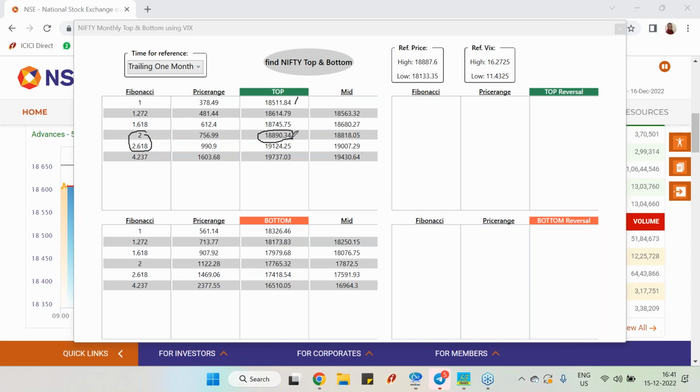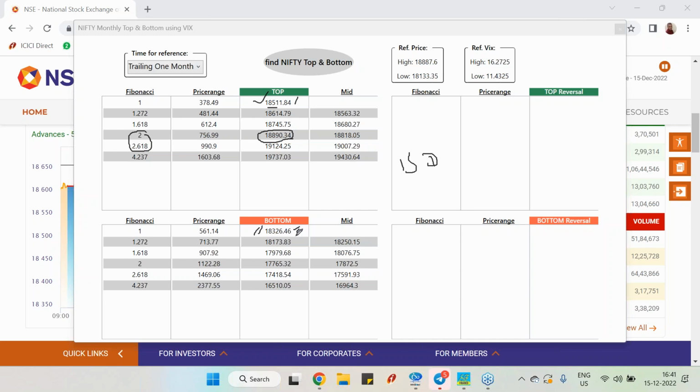Here it has retraced from this level, and 18,500 was also broken today. You have seen that today, on 15th of December, it was finding great support at 18,512. Once it broke, it came down. Though we have not met the first bottom, this is a critical price you need to watch out for, 18,326.